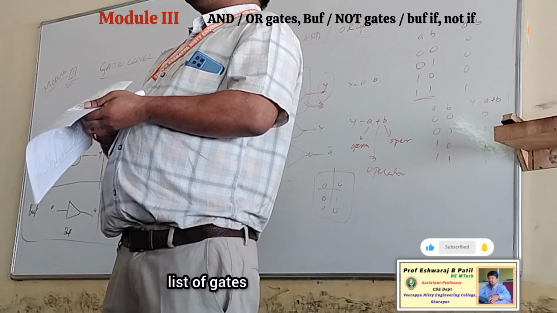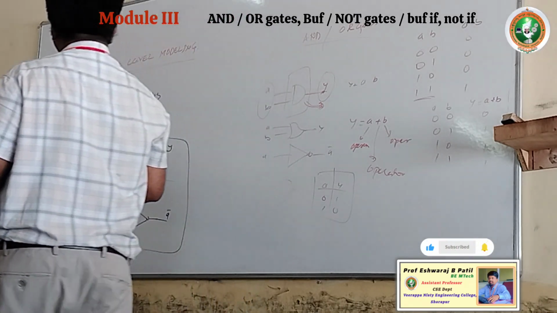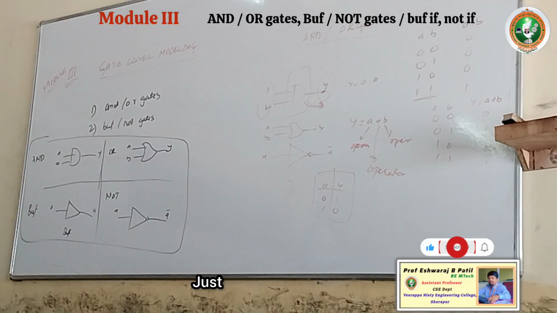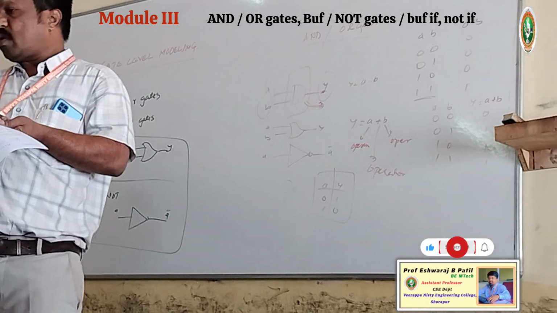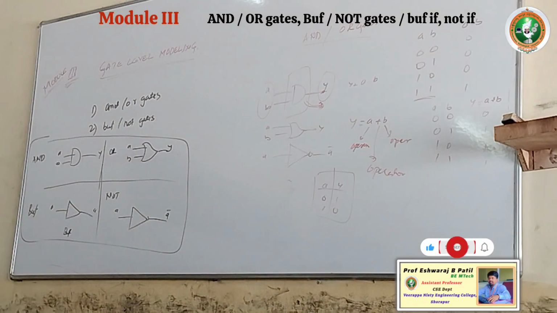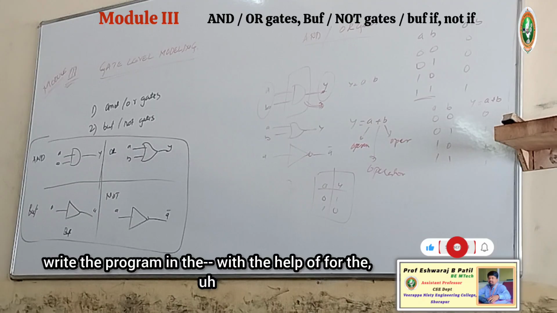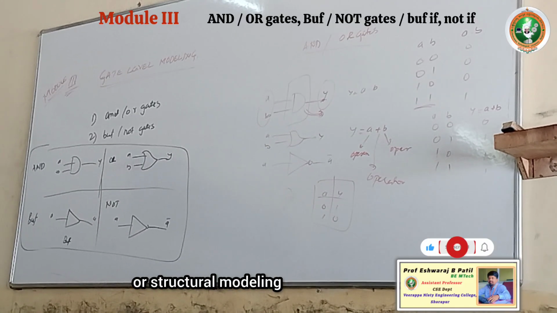In the list of gates, just copy that one. Based on these basic logic gates, we will write the program with the help of gate level modeling or structural modeling.